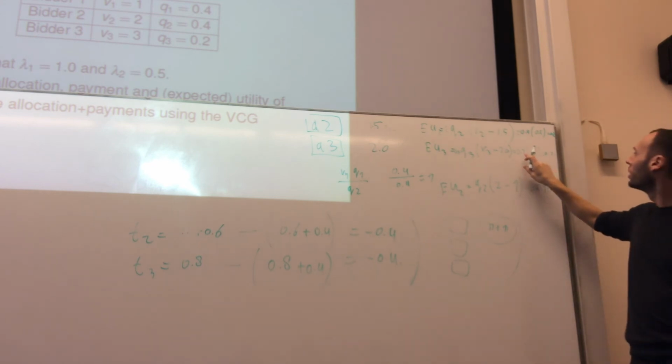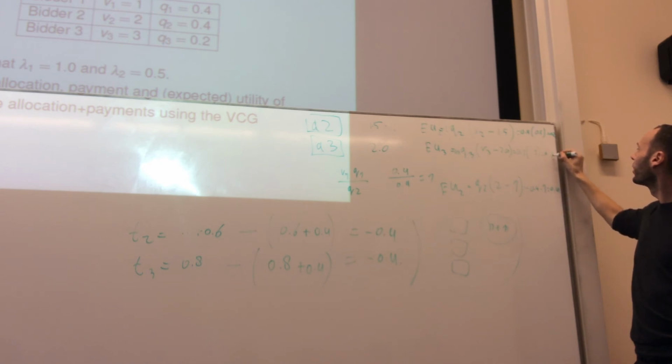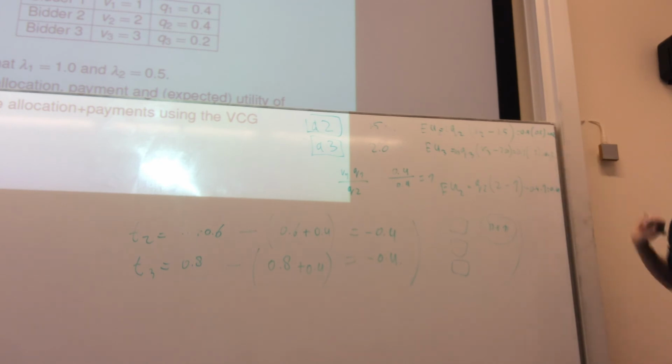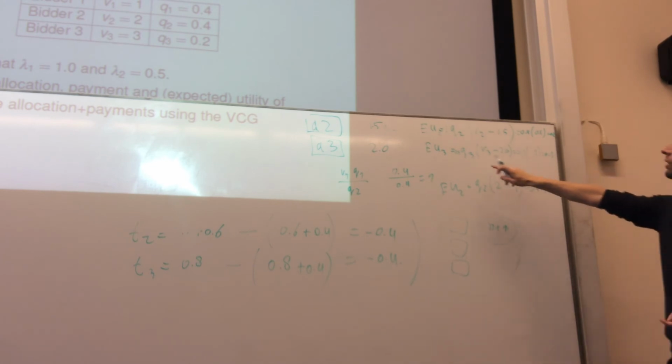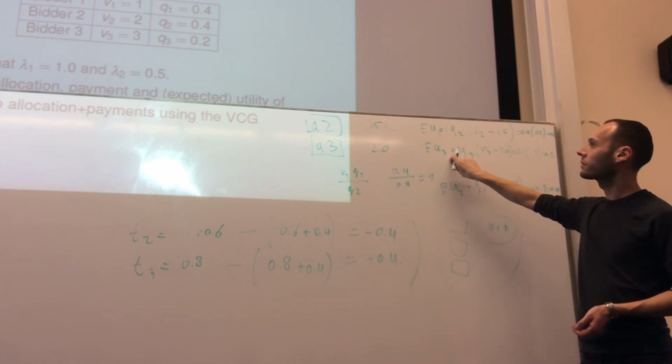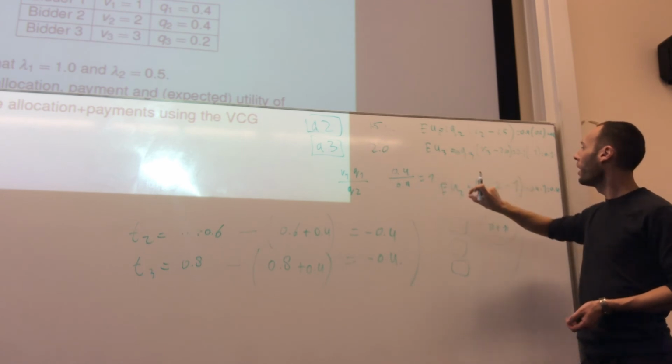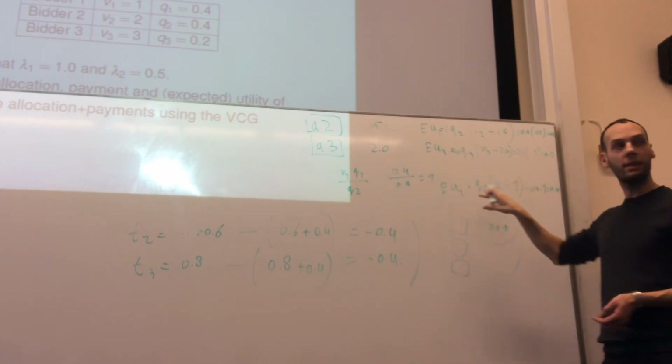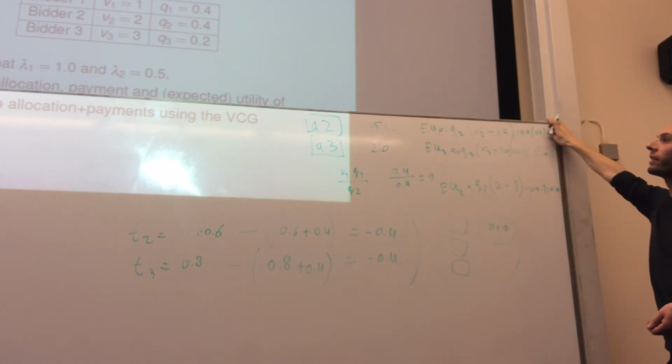So now we have a utility of 0.1 only for the second slot. For bidder 3. Now let's have a look at the other part of the payment.